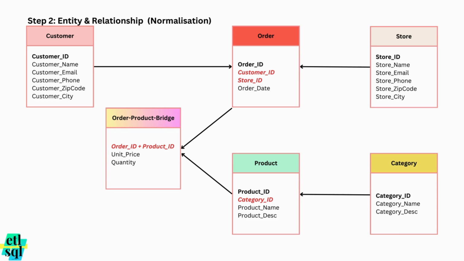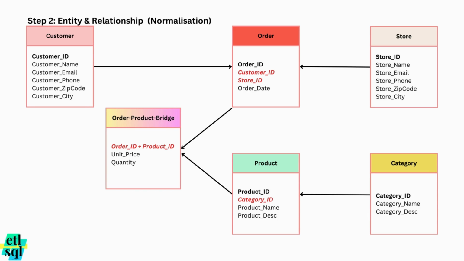Let's talk about product and category now. So even in product and category, we have 1 to M relationship. So by this rule, the category ID, which is primary key of category table, will go as a foreign key in product table. And as I mentioned earlier, the order and products have a M to M relationship. So when we convert it into a physical table, we have to introduce a bridge table.